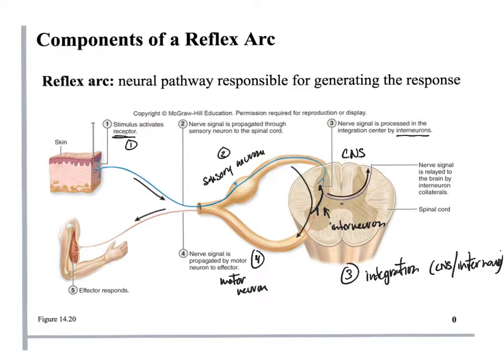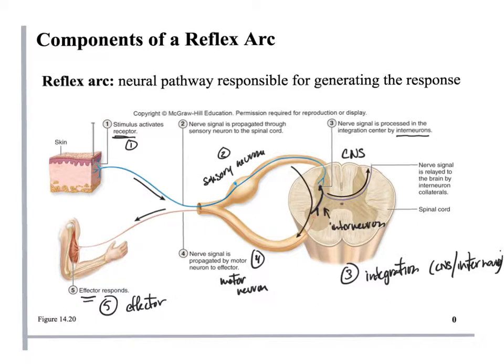which then activates the last part, number 5, the effector. In many of these cases, it is a muscle, right? In the somatic spinal reflexes, they're pretty much all muscles. So we have receptor, sensory neuron, integration center, motor neuron, which is the output, and then the effector does whatever it is.